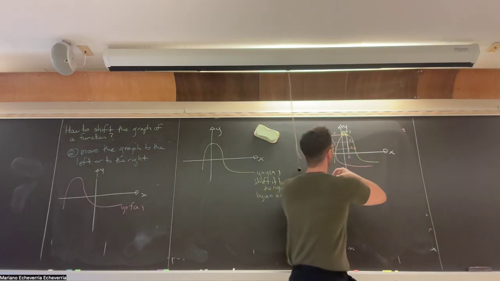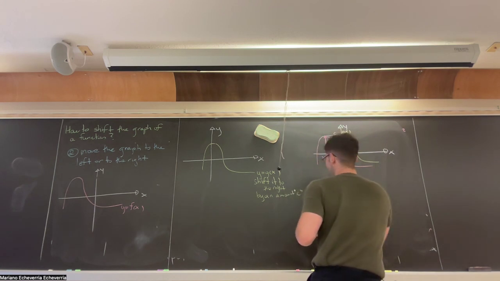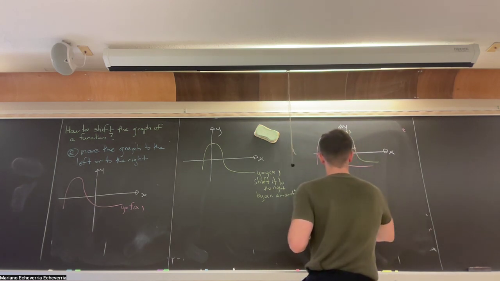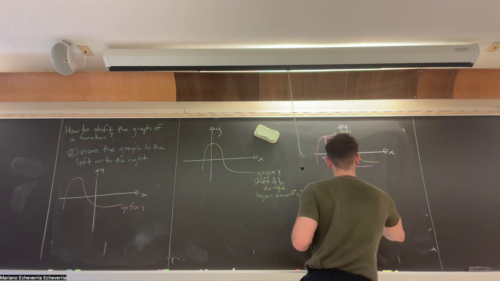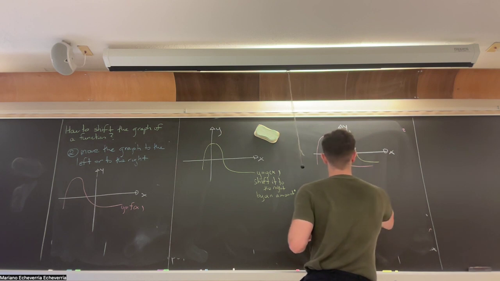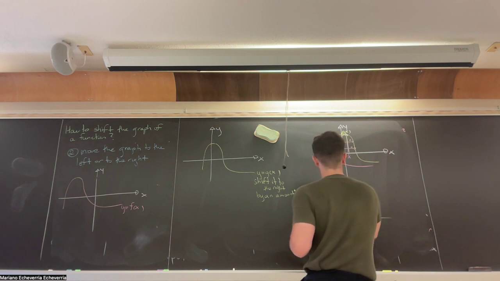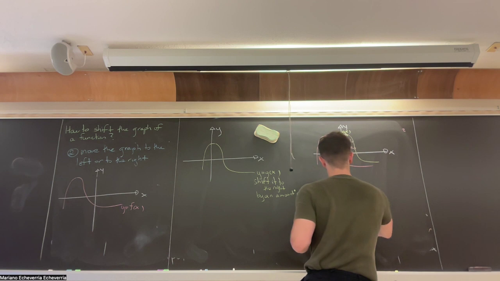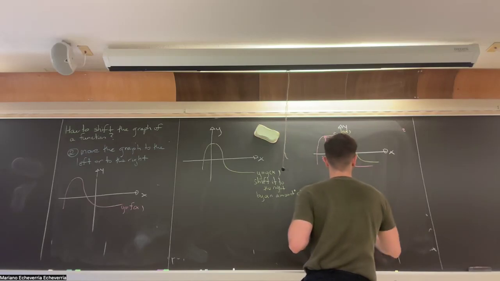So, all right, let's make it with numbers first. Let's say this was one, and I'm shifting everything by an amount of two, just to make it easy.